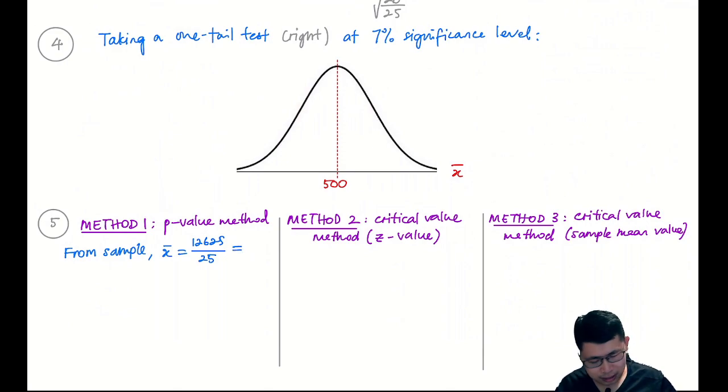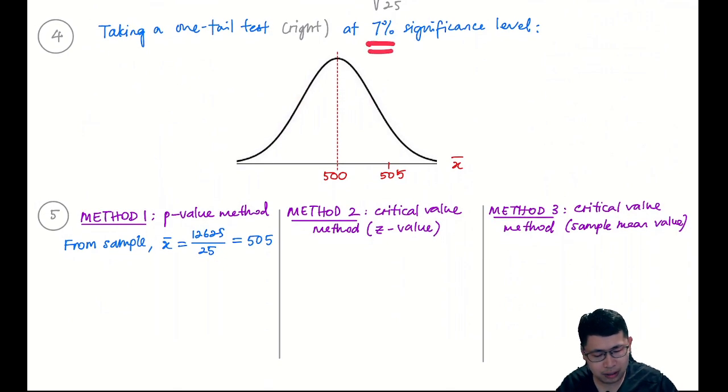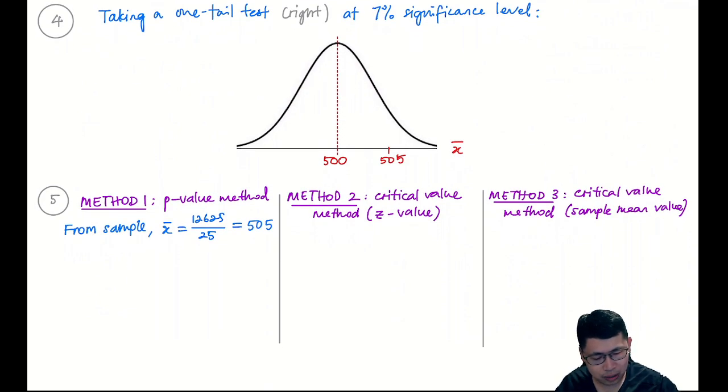So the sample mean is 505. Now we are trying to see whether it is significantly far away from 500 or not. In order to do so, we'll need to borrow our probability at 7%.